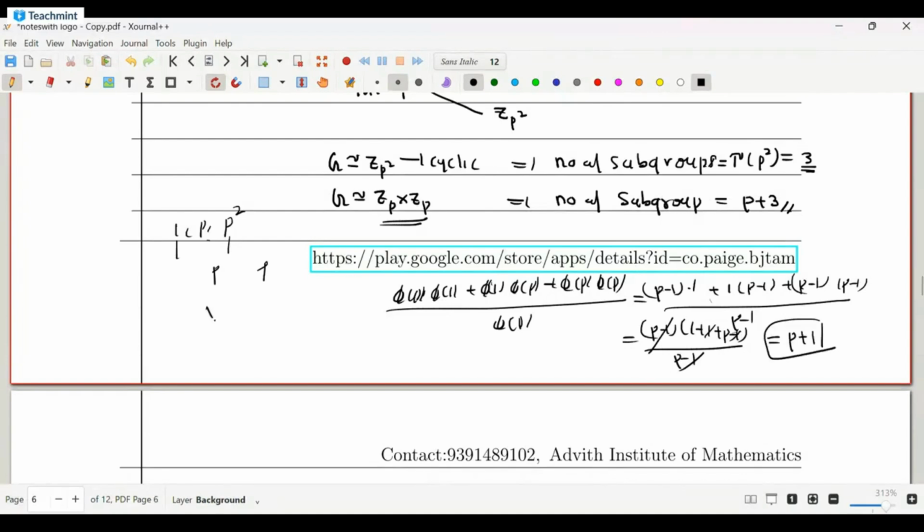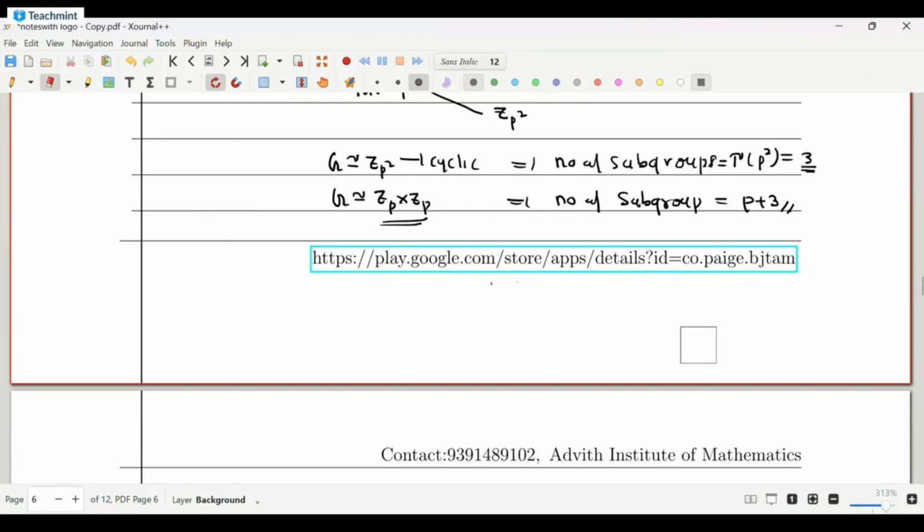Alternatively, Zp cross Zp is isomorphic to V2 of Zp, so the subgroups of order p are the one-dimensional subspaces, and their number is p squared minus 1 by p minus 1. The p minus 1 cancels, and we get p plus 1. So in either case we get the same answer.